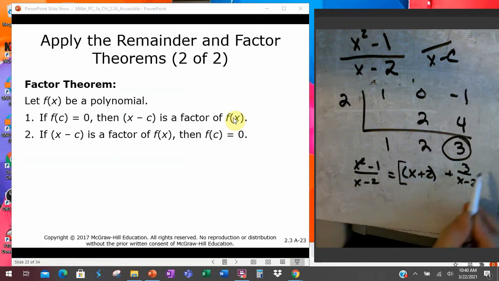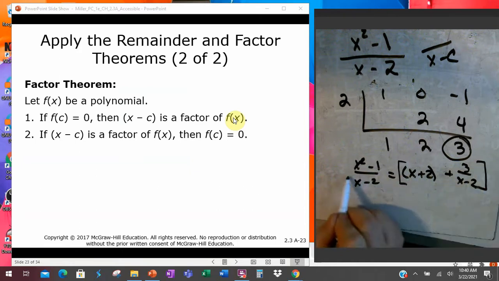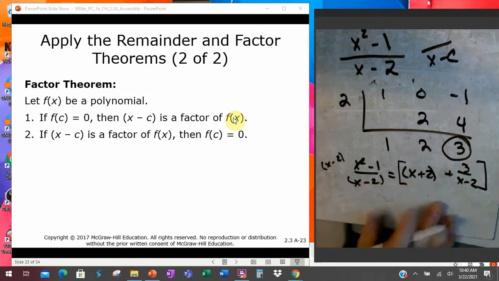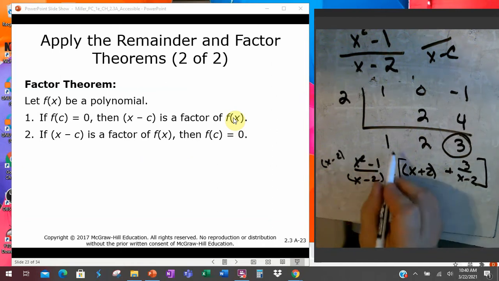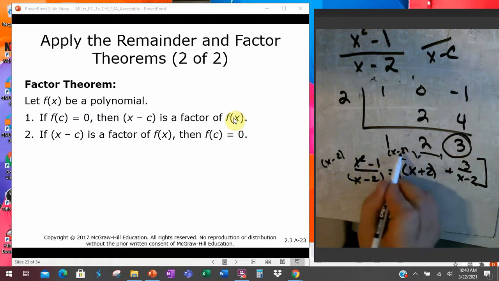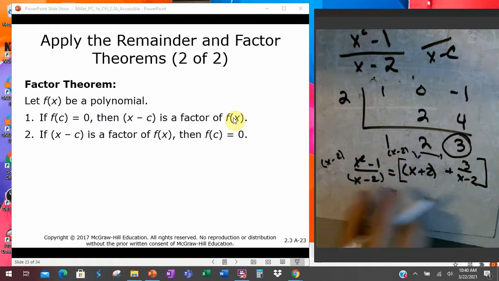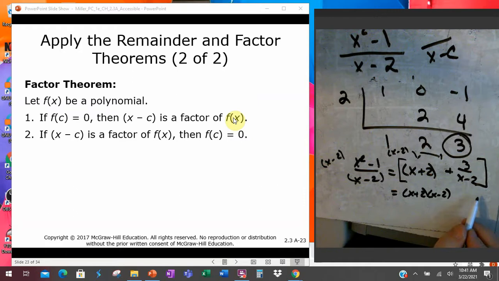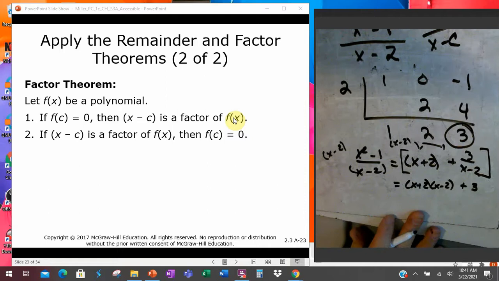And now, if I multiply both sides by x minus 2, watch what happens when I have a remainder. x minus 2 over everything, distribute, distribute. This is like I'm clearing fractions. x plus 2 times x minus 2, plus 3 because the x minus 2 turns out.